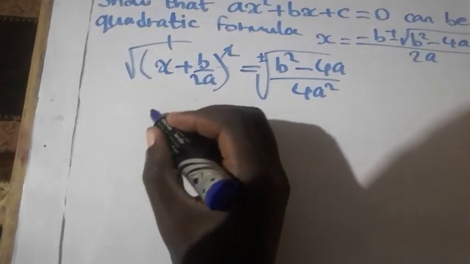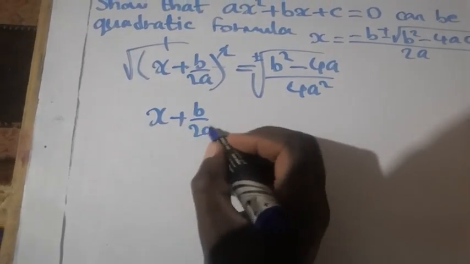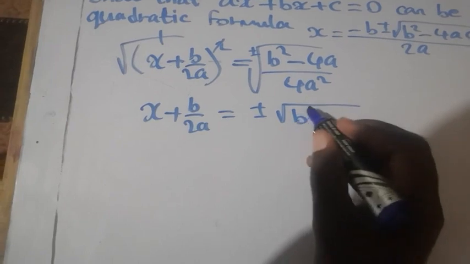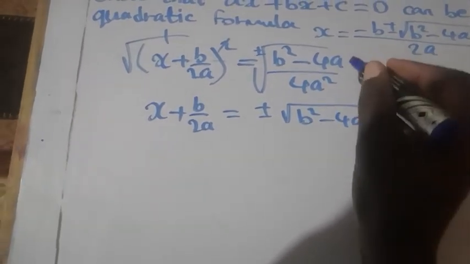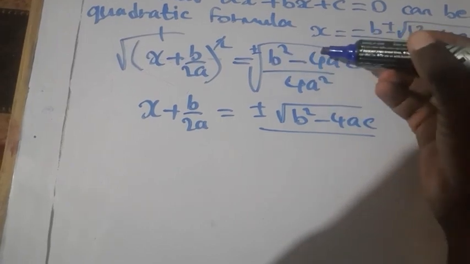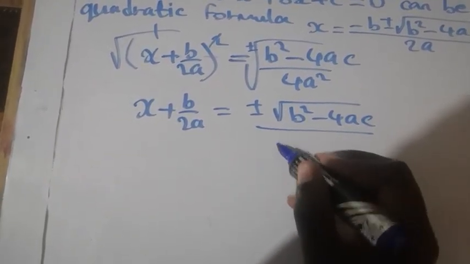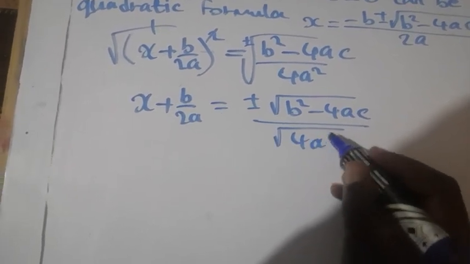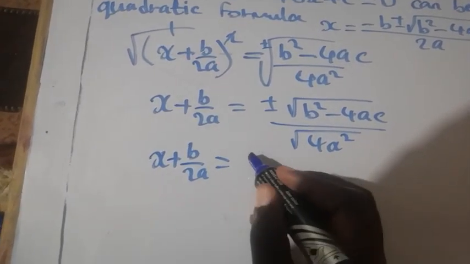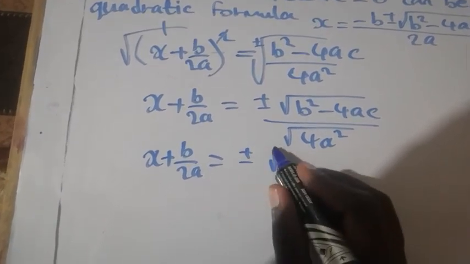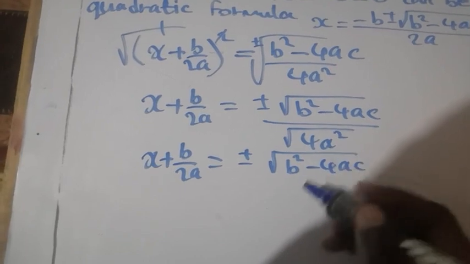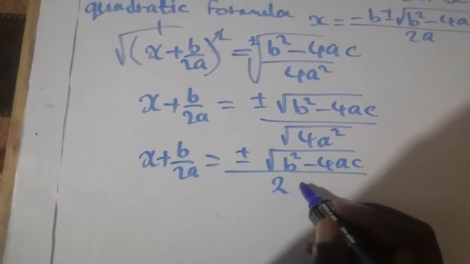So the square will cancel, and x plus b over 2a is equal to positive or negative square root of the discriminant over 4a squared. The square root is affecting both the numerator and the denominator, so we split, and x plus b over 2a equals positive or negative square root of b squared minus 4ac over, the square root of 4a squared being 2a, 2a.